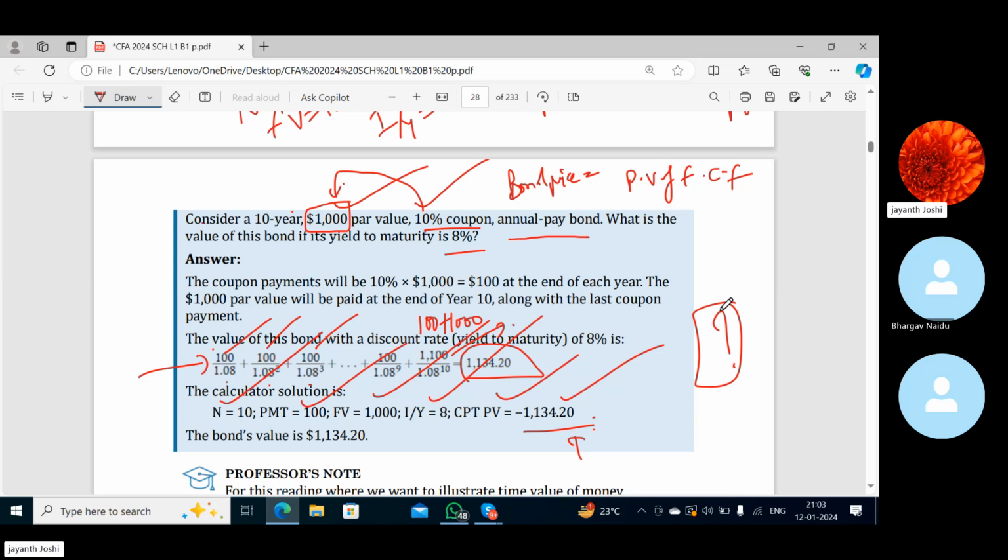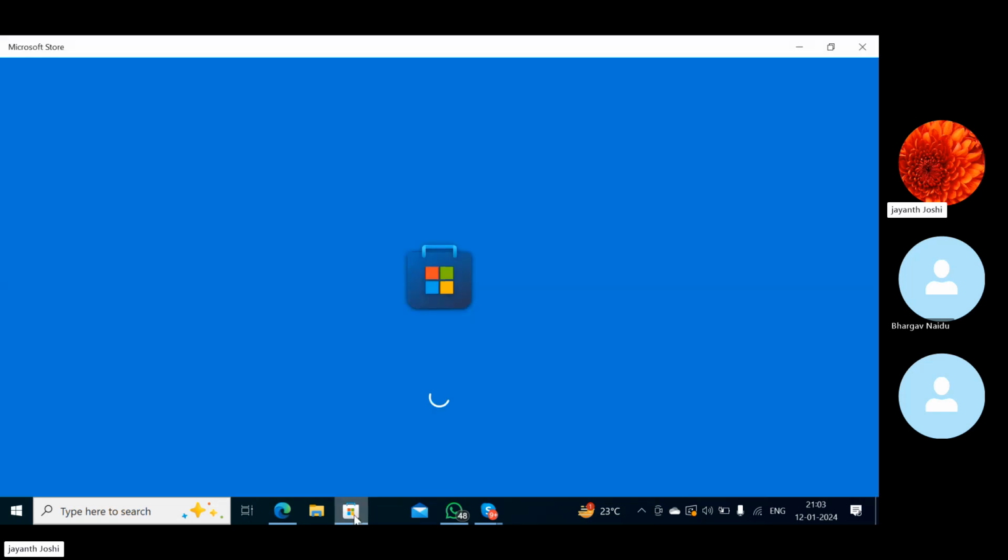If you are finding it difficult, shall I see the App Store? Shall I install a calculator from the App Store on the laptop and see whether the calculators are available or not? Sir, yes, I got it. Okay, you want it, Isha? Okay, we'll see. If it's available, then we'll go ahead.